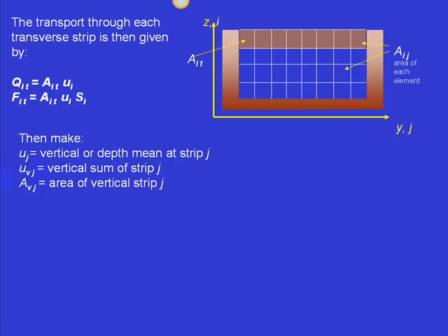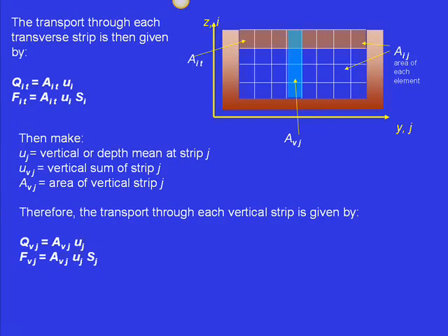And now we can do a vertical column that we'll call V sub j, as given here, and that's going to have an area of A sub Vj, which is this area, and we'll call U sub j the vertical or depth mean of this strip, and Q sub Vj is the transport of this.